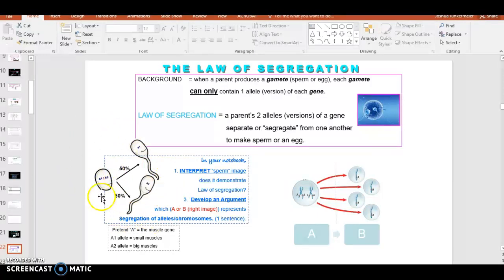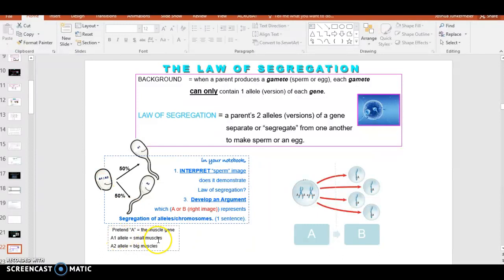You can see the cell here, and because this is sperm, it's going to be a testicle cell. This testicle cell contains two versions of the A gene. Now it says the A gene is the muscle gene, so we're talking about muscles here, and you do inherit muscle traits based on the genes you get. So you have the muscle gene, and there are two versions.